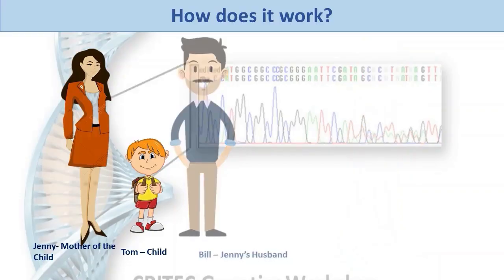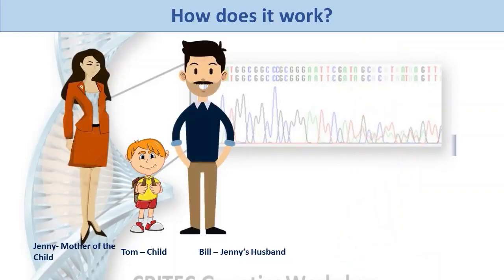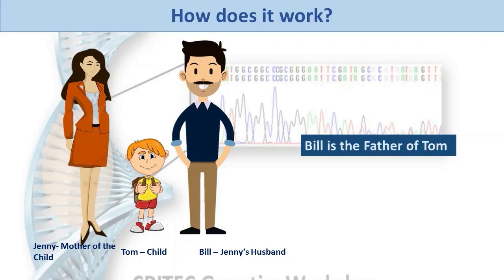And therefore, it can be said that Bill is the father of Tom. Furthermore, to ensure these results, many RFLP loci other than 3 can be tested. So, I think now you have a good understanding about the RFLP analysis.